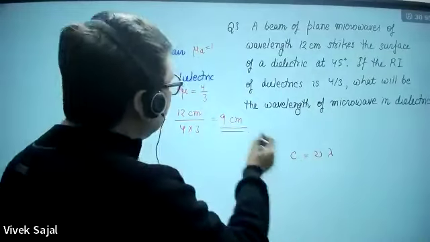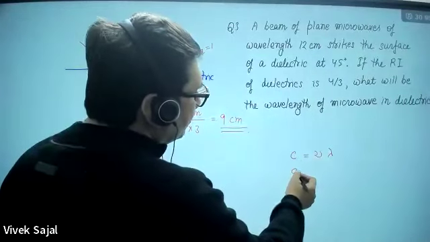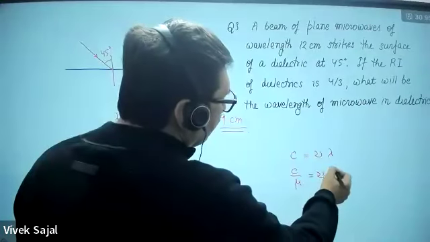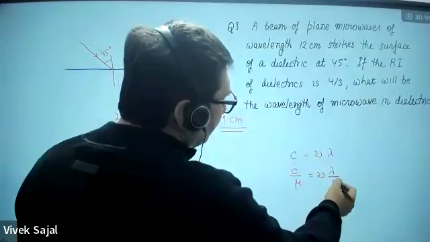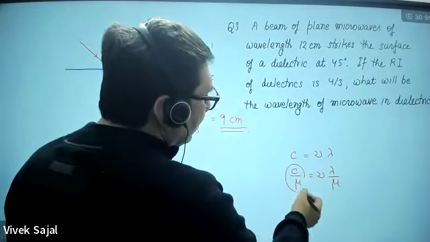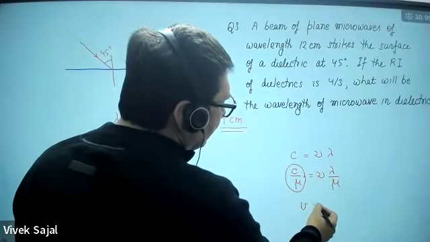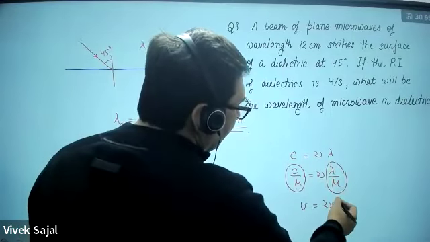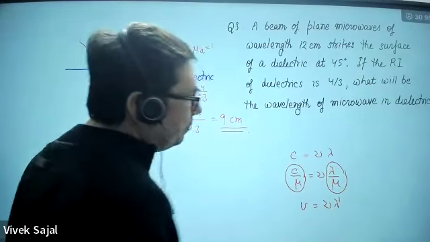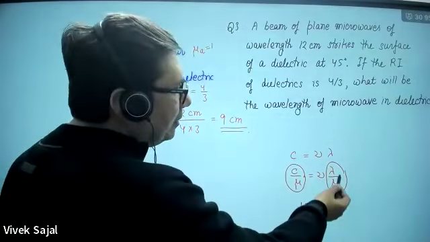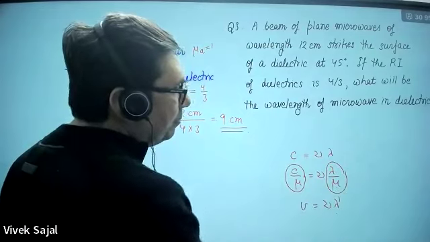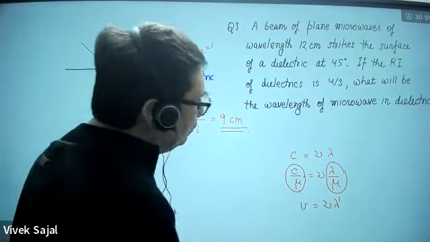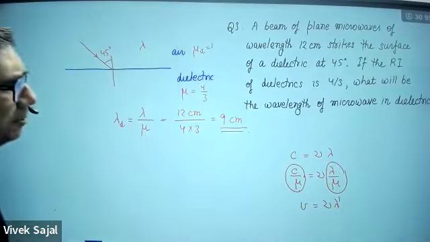If I divide this c by mu, this becomes c by mu, and on this side I can write lambda upon mu. This will be the velocity of the light in the medium, V, with the same nu, and wavelength lambda prime. So lambda prime in this medium will be lambda upon mu, and velocity in the medium will be c by mu. In this simple manner, you can remember it.